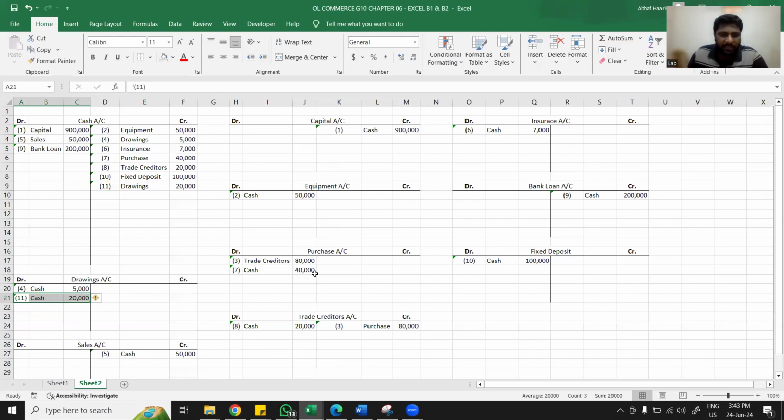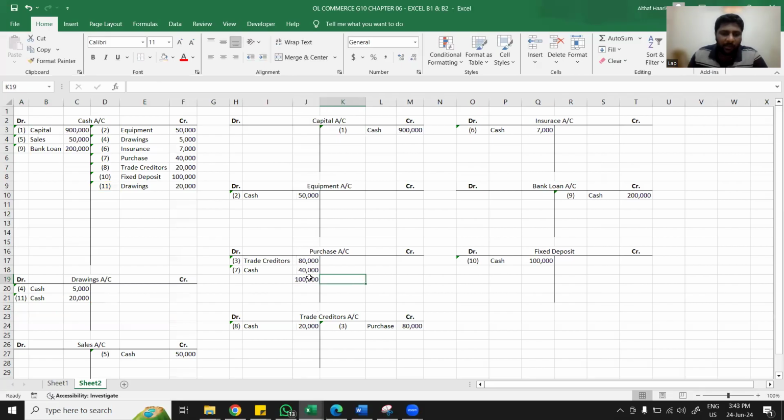Then you have a purchase account. Here you can write cash and here you can write purchase.